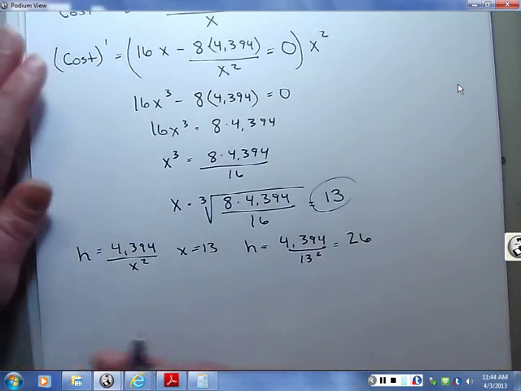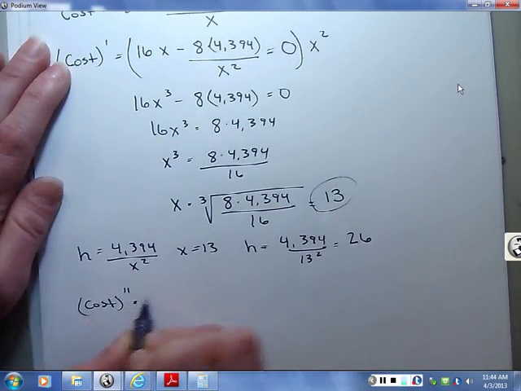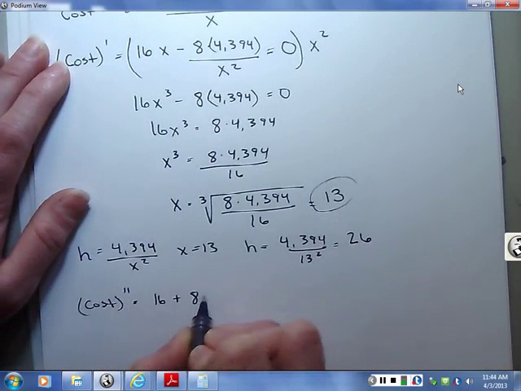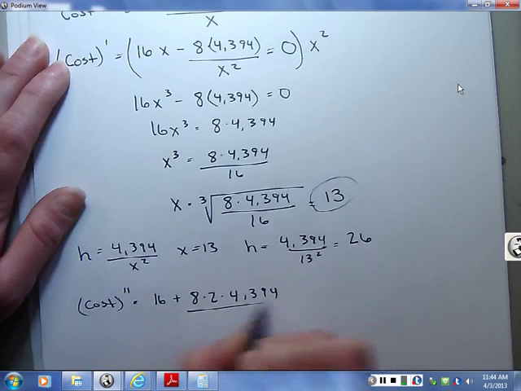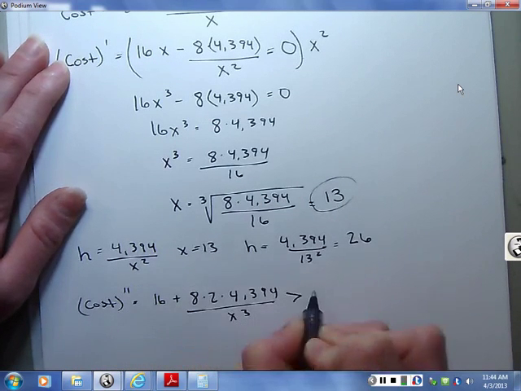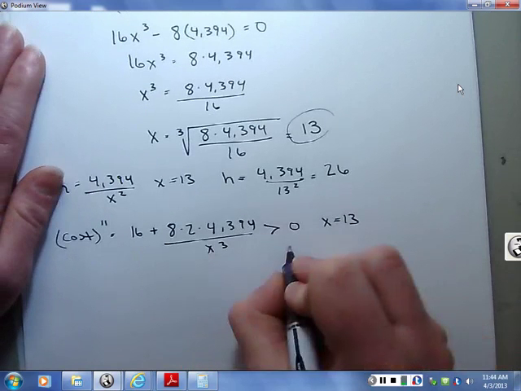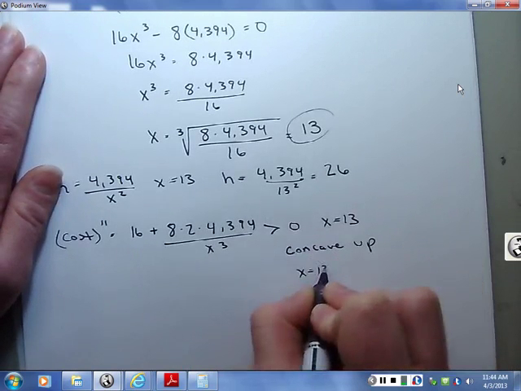Second derivative would be 16 plus 8 times 2 times 4,394, all over x cubed, which is greater than 0 when x is 13, right? So concave up. It's a minimum.